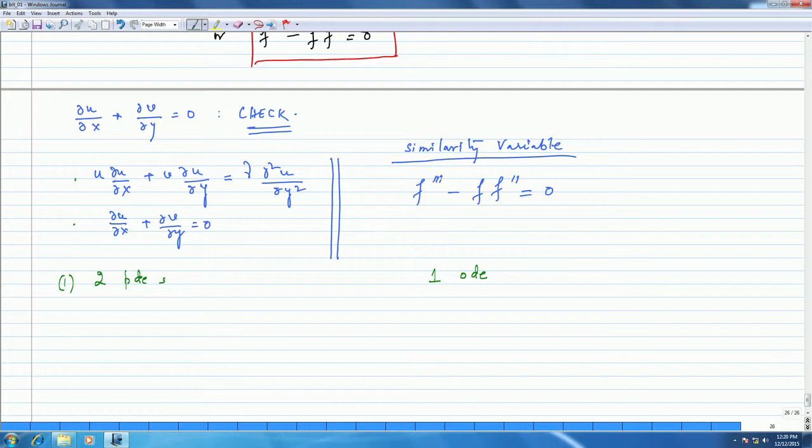Now what we will do is use the boundary conditions that we have.